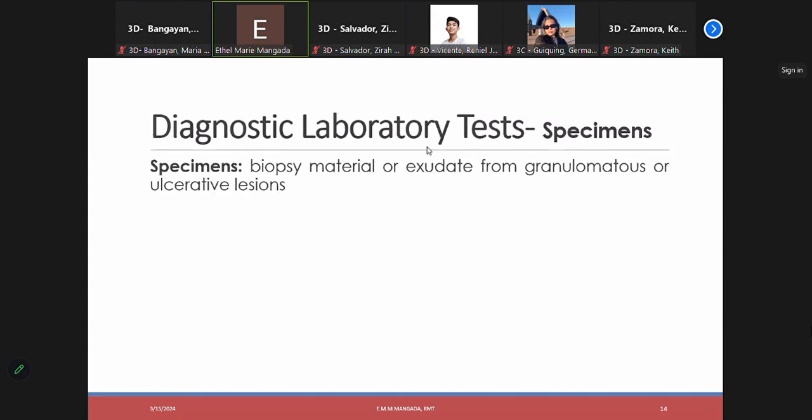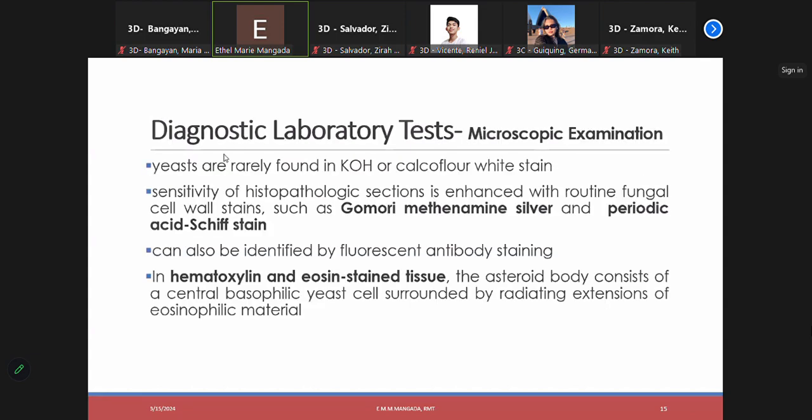So diagnostic test, again, we have biopsy or kuha tayo ng nana or exudate from the granuloma or ulcerative lesions. So examples of materials that we need, we have your KOH para makita natin yung tsura ng conidia niya.